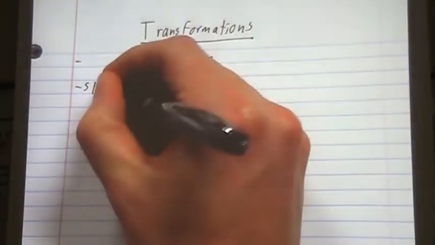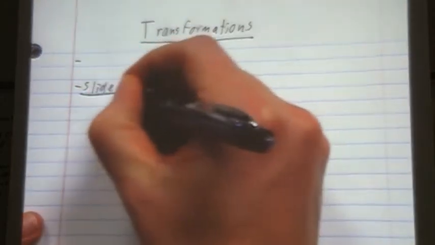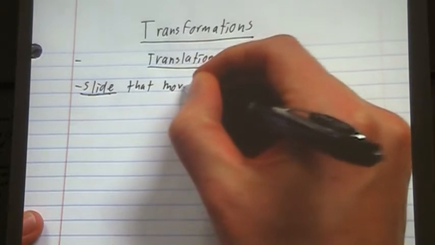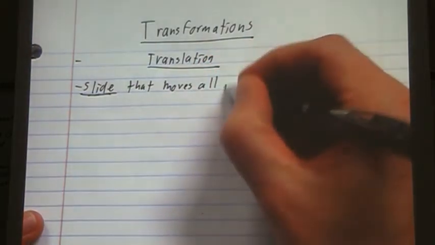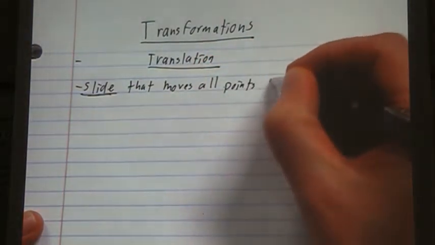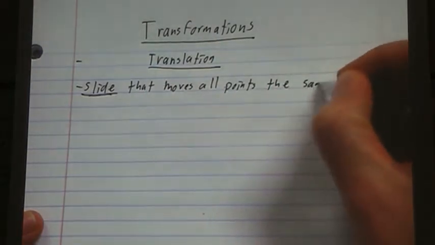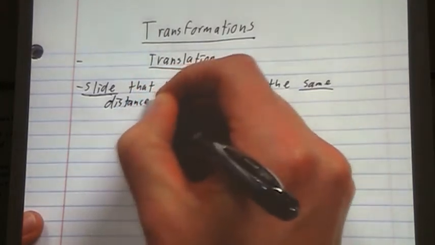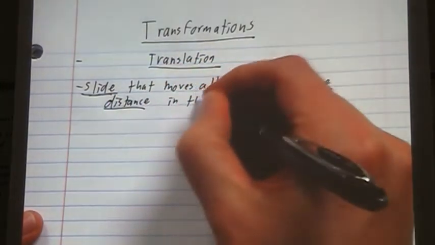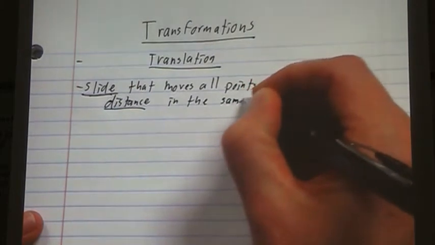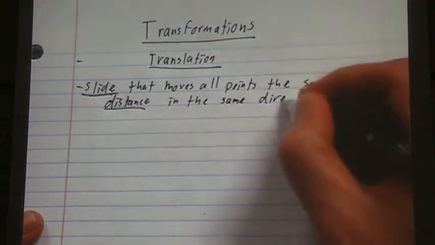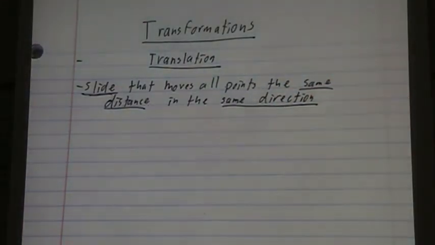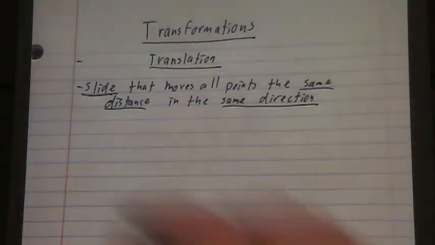So it's a slide that moves all points the same distance in the same direction. And the shape's going to end up looking the same. It's just going to be moved to a different spot.